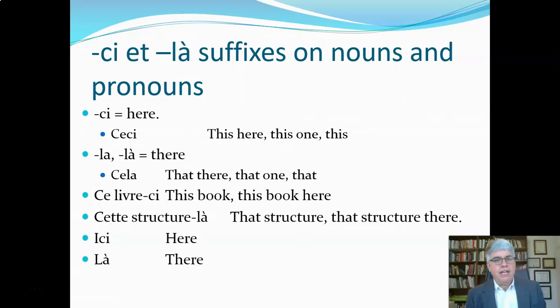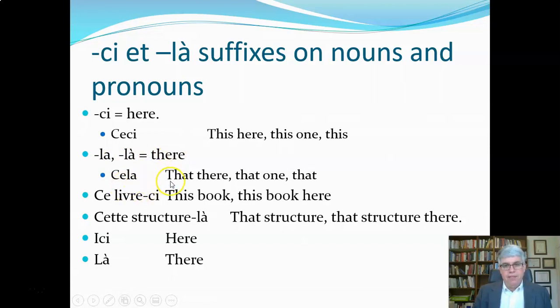Now we can also connect -ci or -là as suffixes on nouns and pronouns to specify, do we mean over here or over there? This one or that one? So the -ci attached means the close one, either time-wise or physically. So if I said ceci, that would be this here, this one, or this. Là, sometimes with an accent, would be there, the one farther away.